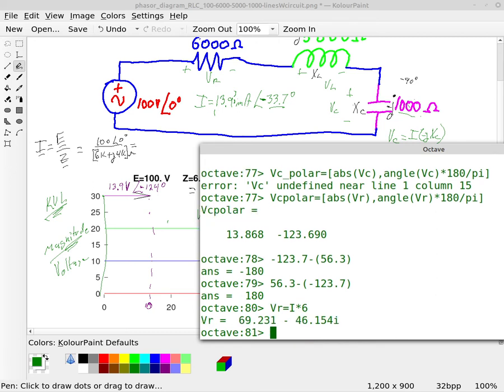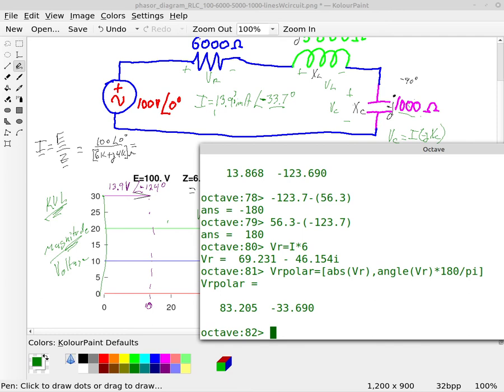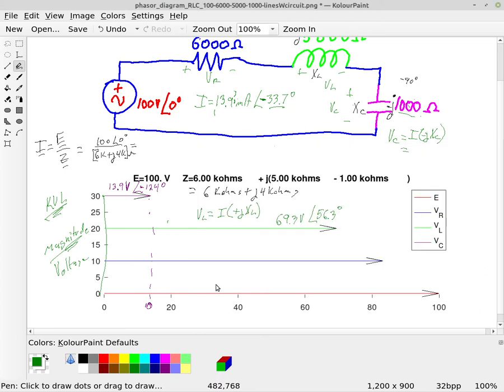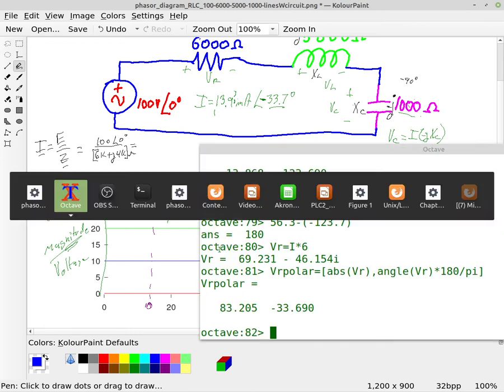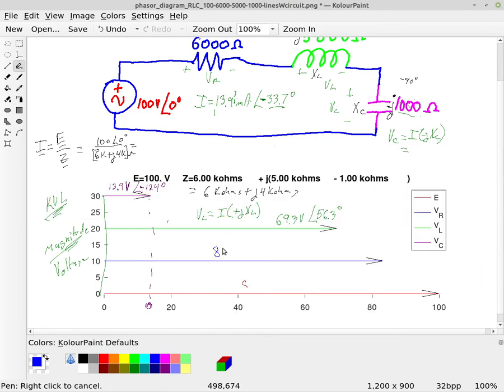And so that gives me VR, and now I can calculate the polar form of VR, which is 83.2 volts with an angle of minus 33.7 degrees. R is the blue one.